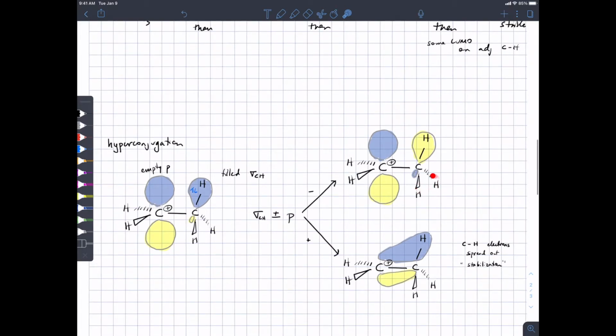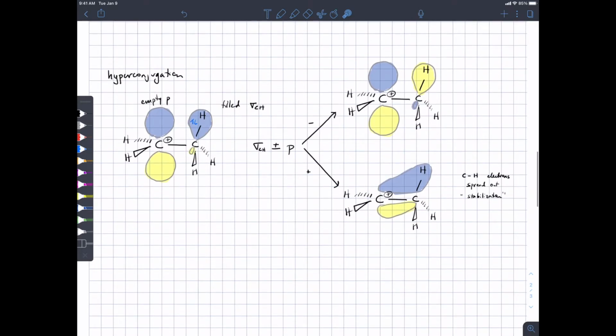And there would be a blue lobe encompassing these. Of course, the mixing is better when they're lined up exactly parallel, so it's better mixing here than involving these bonds, which are sort of straddling or staggered relative to that p orbital.